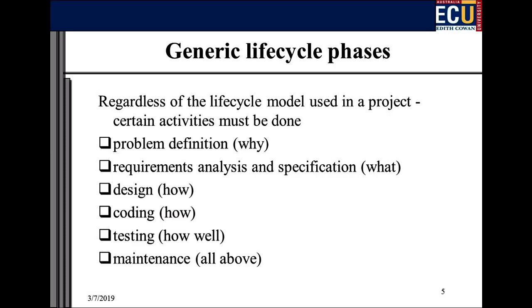What do they need? And then once you understand a bit of it, you go to the next phase, which is roughly called requirements analysis and specification, but basically the role of that is to work out what you are going to build. And to work out what you're going to build is not just understanding of the problem, it's understanding of, okay, what does the client need to solve the problem?